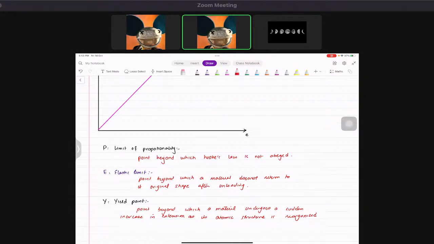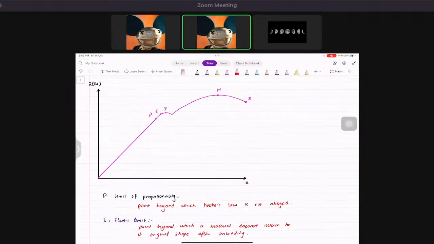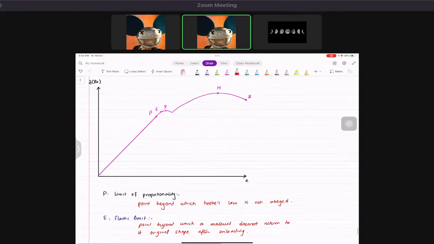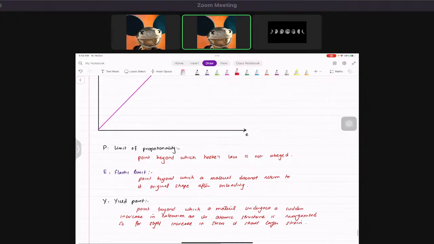All right. So for a slight increase in stress, it shows larger strain. Is it clear? Look at the graph. So it's not increasing that much as it was before, but now it's showing a lot of strain as well. Understood? Yeah.